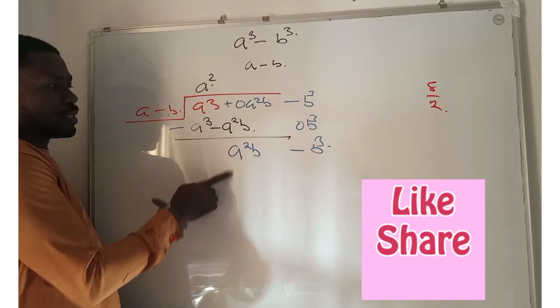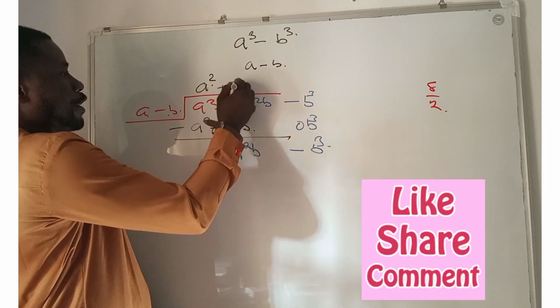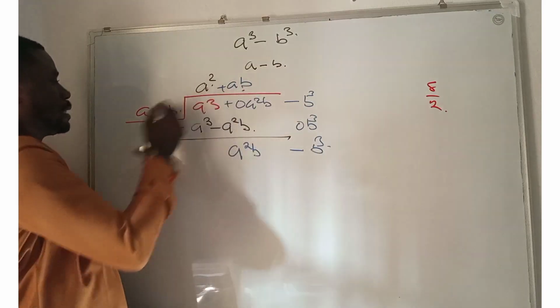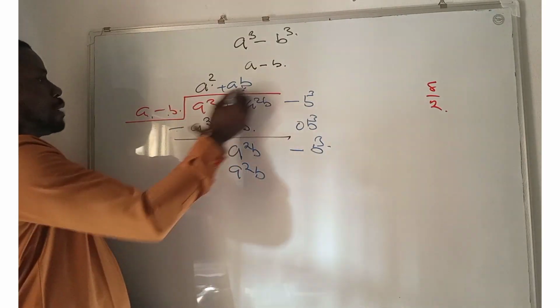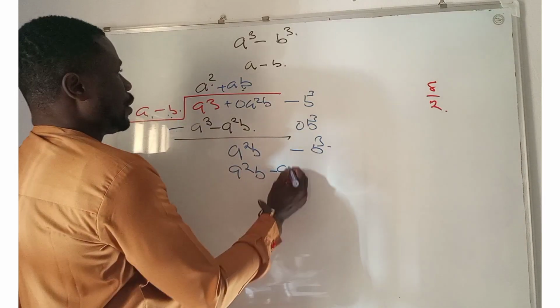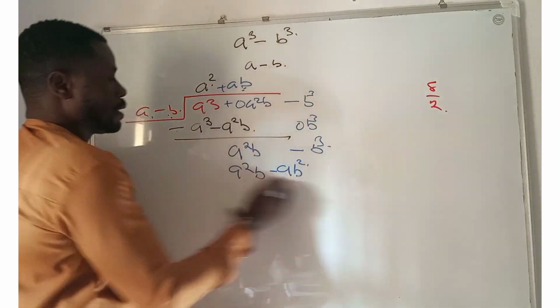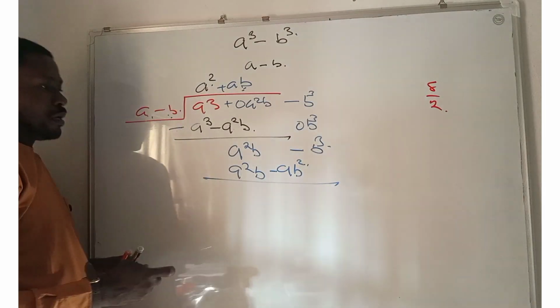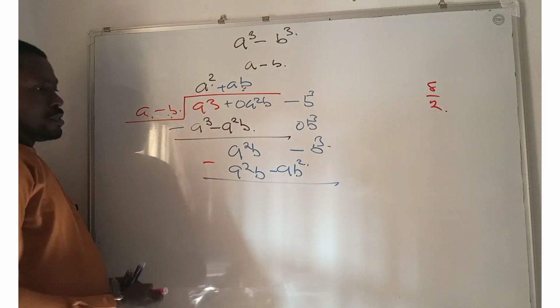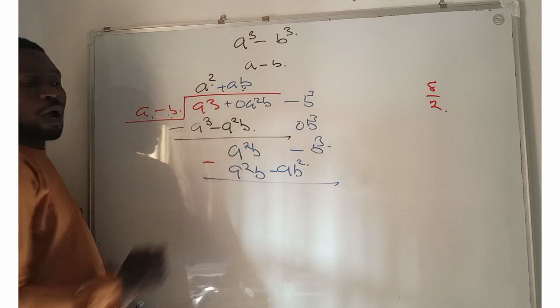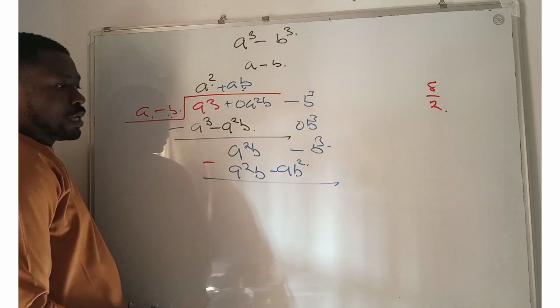Now we say a into this, of course, that will be plus ab. Ab times this will give us a squared b. Ab times this will give us minus ab squared. You draw this line again. At this point, we introduce a minus sign so that a squared b minus a squared b will become 0.